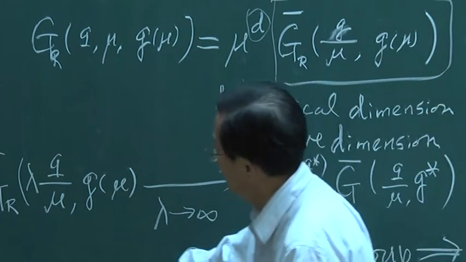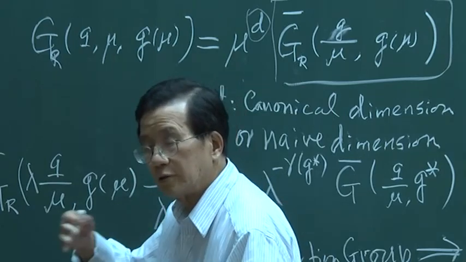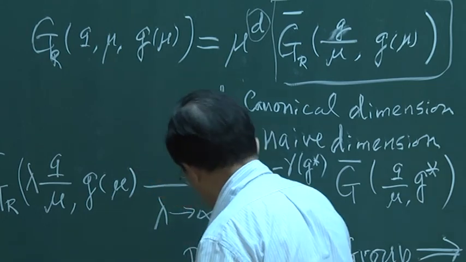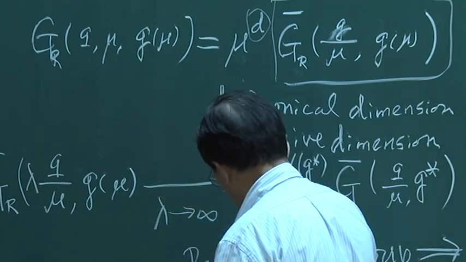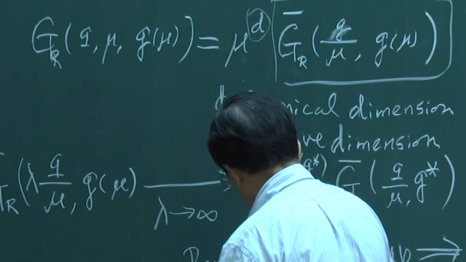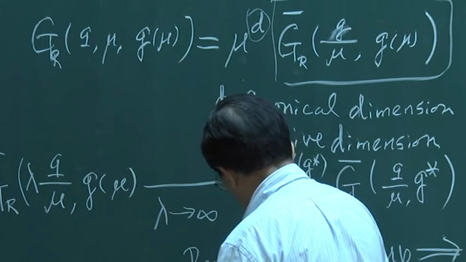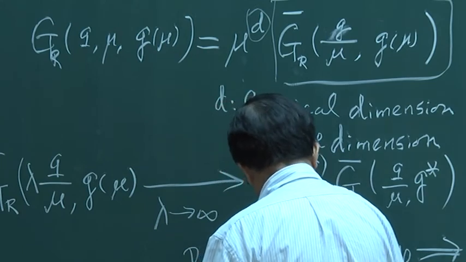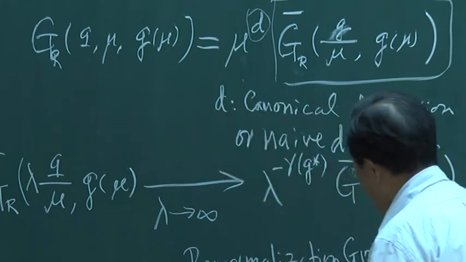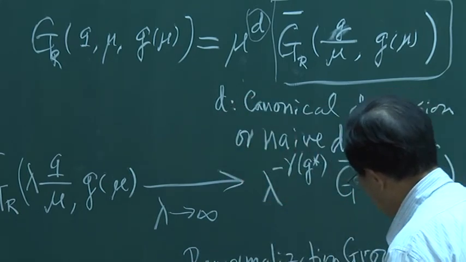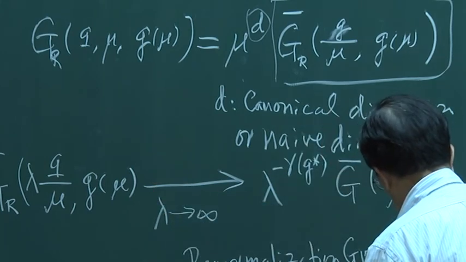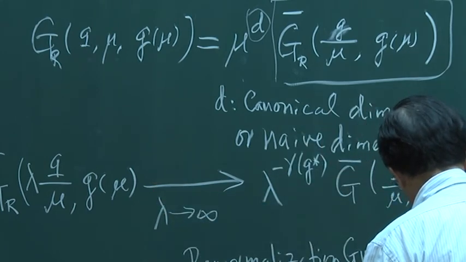We know that if you compute this quantity in the perturbation theory, there will be logarithms, say a log of Q over mu or something, and there are some powers. And then they somehow reorganize into a power, say lambda here, into some power, gamma(g star).